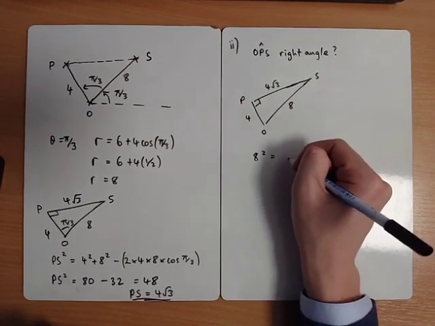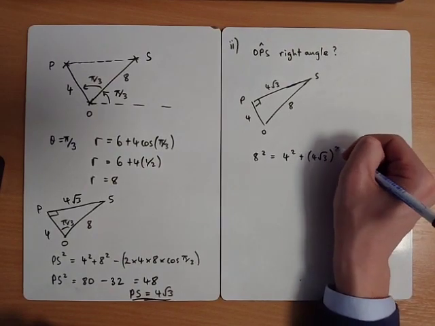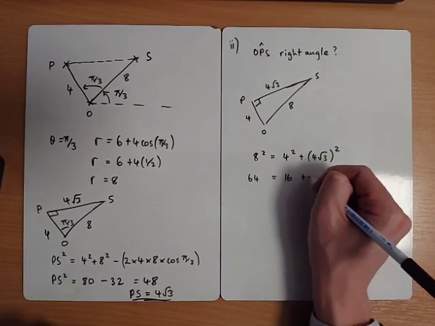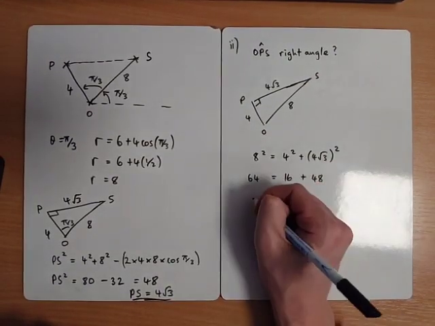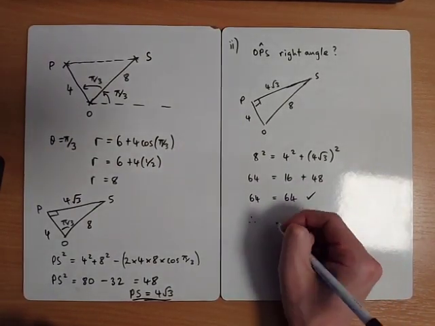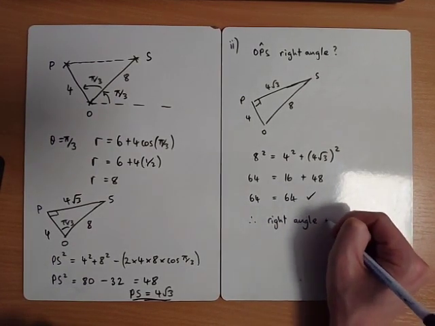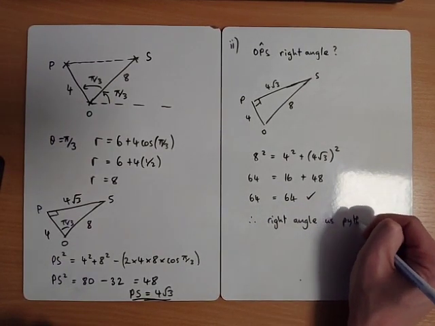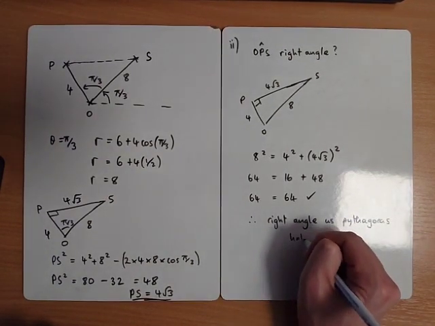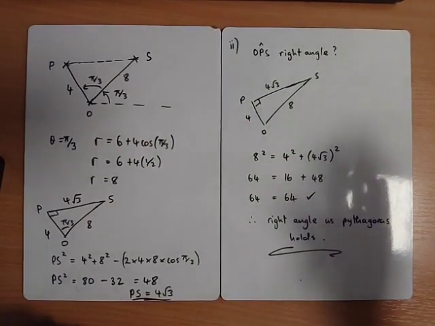So we can say 8 squared would equal 4 squared plus (4√3) squared. So therefore we know it's a right angle, Pythagoras works. Okay, thanks guys.